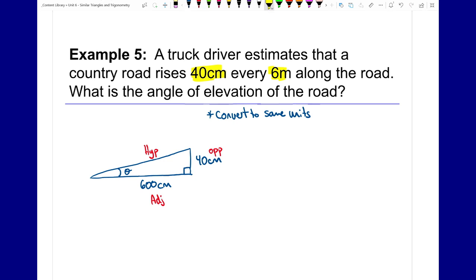What sides are we dealing with? Well, we're looking for an angle. We're given the opposite and the adjacent. We have nothing for the hypotenuse, so we can't use that. So we're dealing with O and A, which is tan. So tan theta equals opposite over adjacent. Plug in our information. Do the inverse to find our angle.